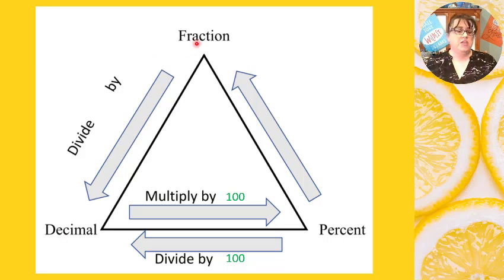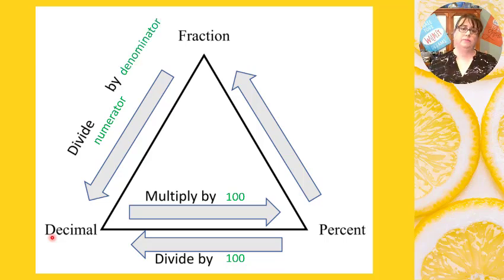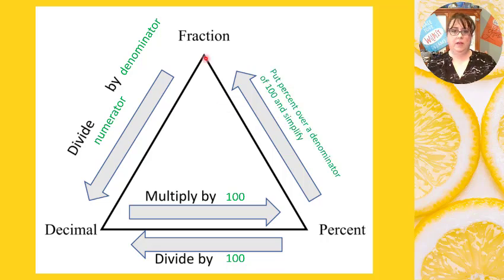When we go from a fraction to a decimal, we divide the numerator by the denominator. And when we want to go from the percent to the fraction, we put the percent over the denominator of 100 and then simplify. This is just kind of nice because it gives us a way to think about how to go between them.